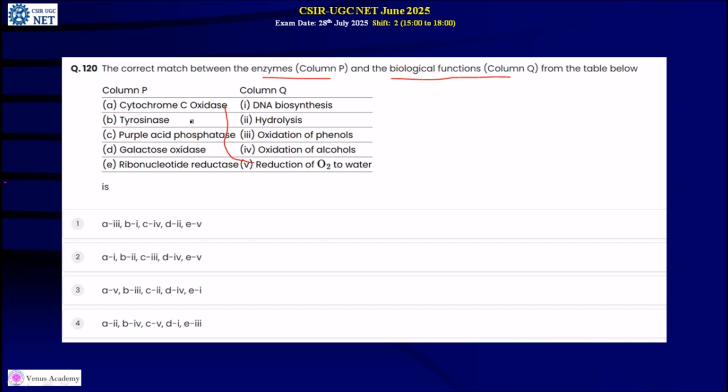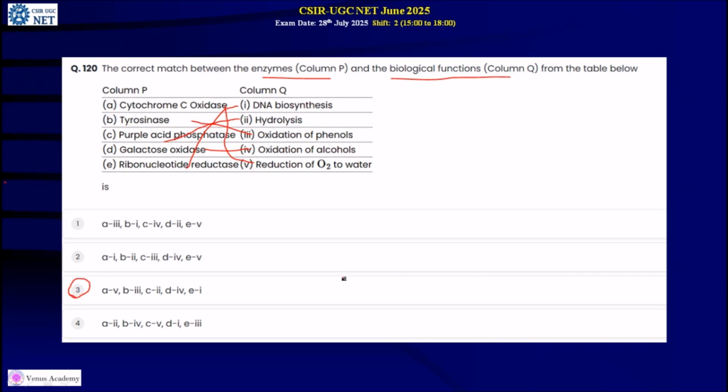Tyrosinase does oxidation of phenols, and purple acid phosphatase does hydrolysis. Galactose oxidase does oxidation of alcohols, and ribonucleotide reductase does DNA biosynthesis. That means 5, 3, 2, 4, 1. Option number 3 is the correct option, students.